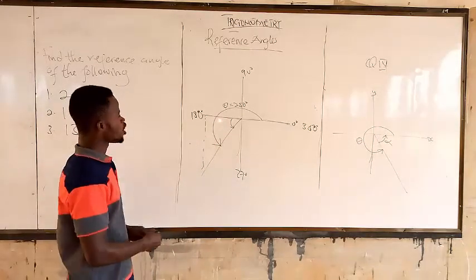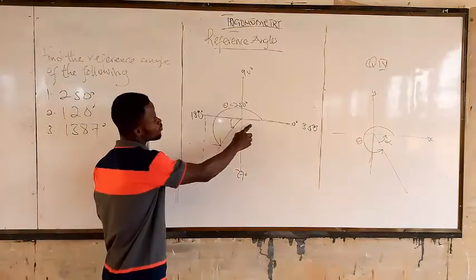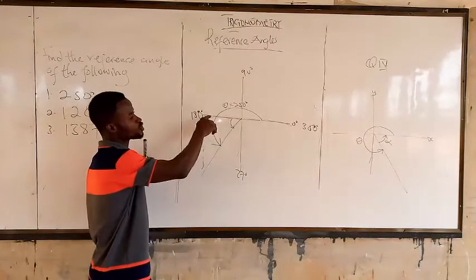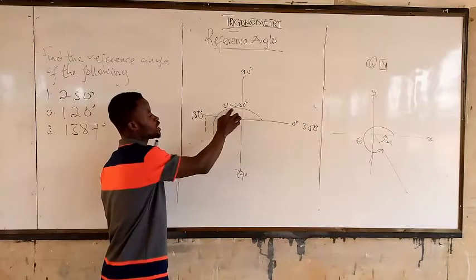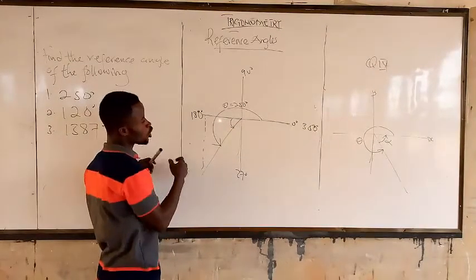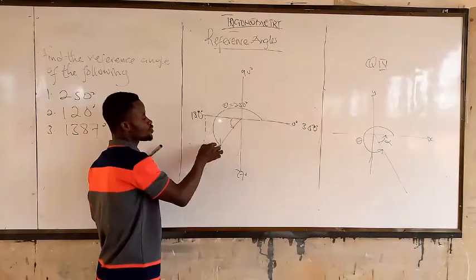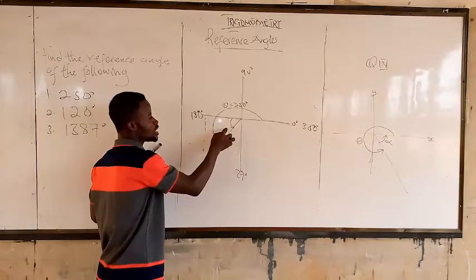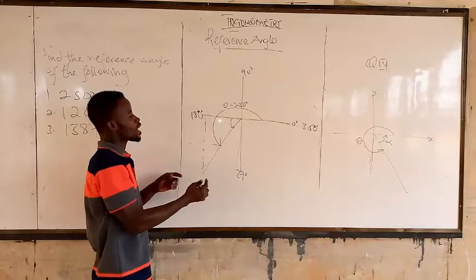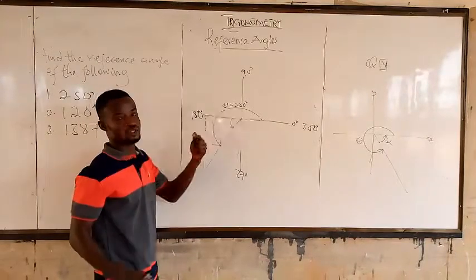We also know that angle on a straight line is equal to 180. That means from here to here is equal to 180. So if from here to here is 180 and from here to here is 250, then to get from here to here, we need to subtract 180 from the 250.